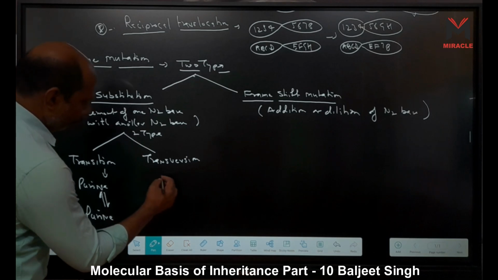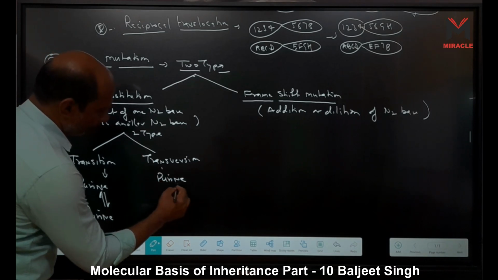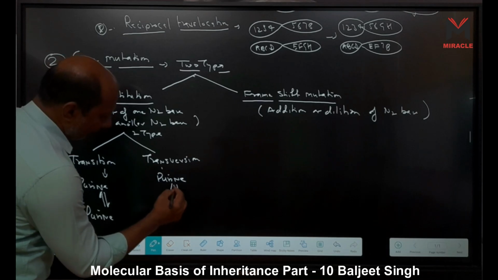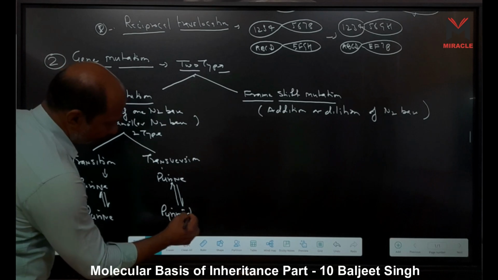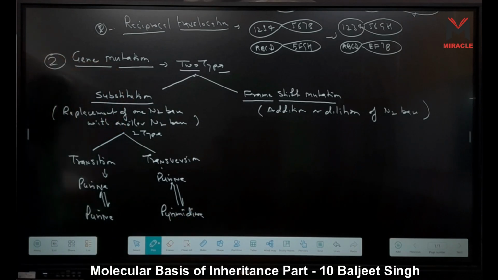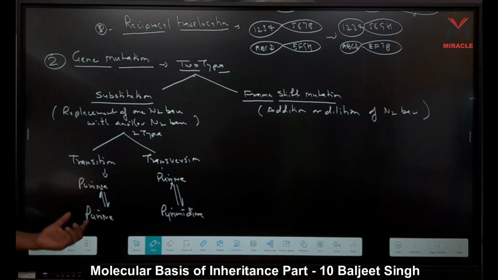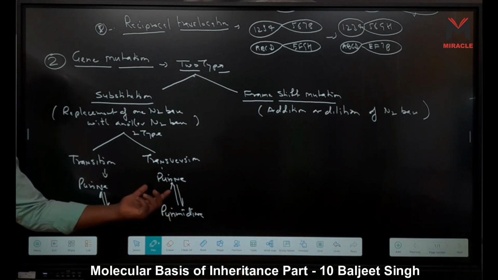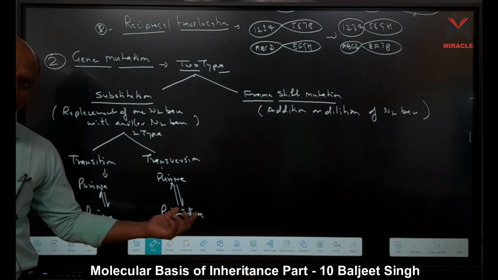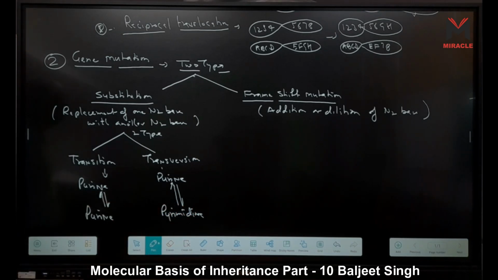And when a purine is replaced by a pyrimidine, or a pyrimidine is replaced by a purine, then it is called transversion. You understand? A purine replaced by a purine means A is replaced by G or G by A. On this side, a purine replaced by a pyrimidine means A is replaced by T or C or U. Then it is called transversion.